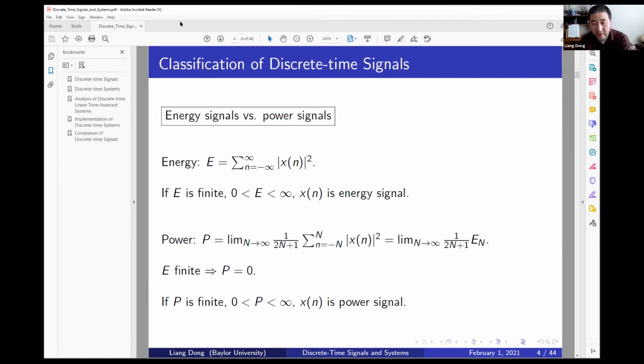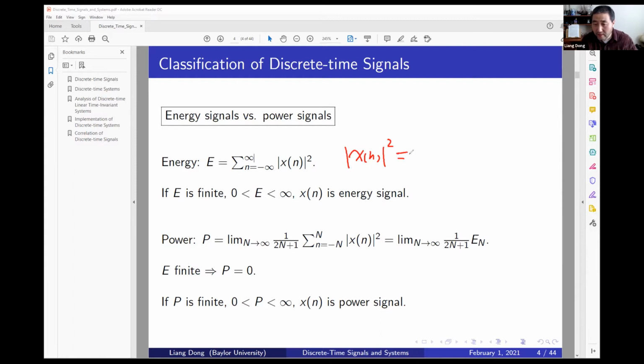Some different classifications of discrete time signals: an energy signal versus a power signal. The energy of a signal is expressed using this formula. The energy is the absolute value squared of signal x(n), summed over the entire time span. Now, |x(n)| squared is called the instantaneous power, the power of the signal at time n.